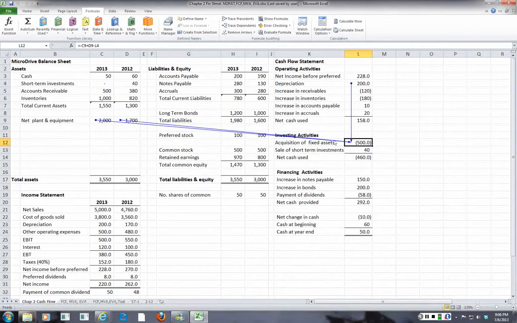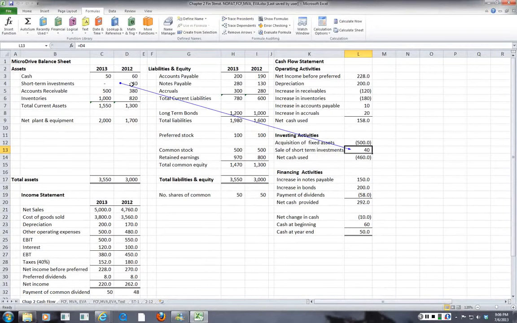That's only $300,000, but we have to add $200,000 of depreciation to get the real number, which is $500,000. Then the sale of short-term investments is the next one. You can see it here as 40, and then they sold it, so it's 0 now. So the net cash used is $460,000.